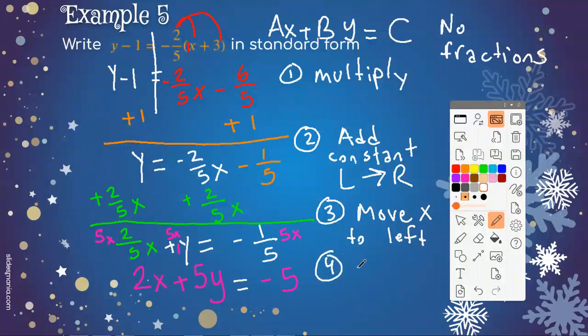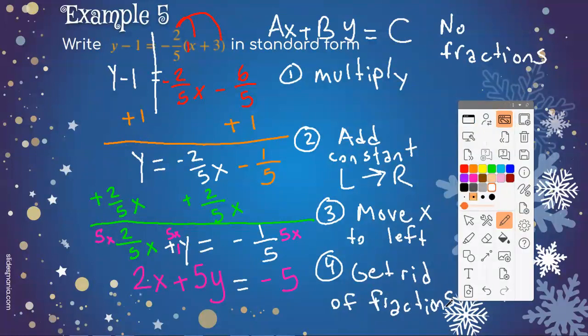Step 4, get rid of fractions. Very similar to when we did slope intercept. We went from point slope to slope intercept, but it is just one step more.